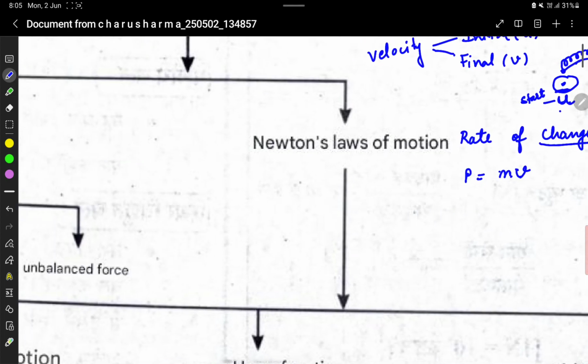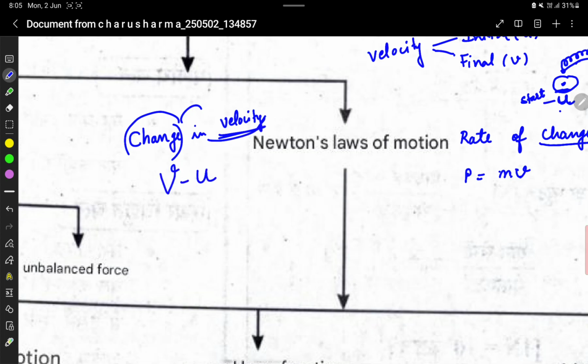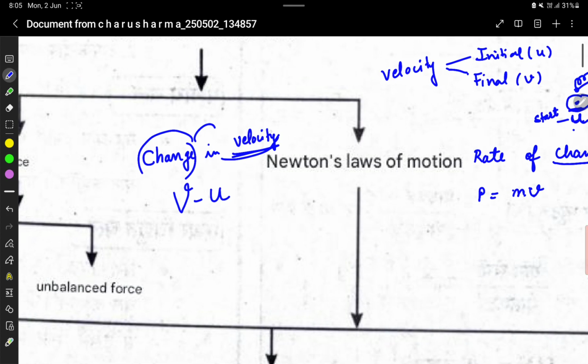Now learn this concept. Whenever something says change in something, for example velocity here because we are talking about velocity, change in something means you are subtracting the smaller term from the bigger term. Here we are finding the change in velocity. So we will subtract the initial velocity from the final velocity.